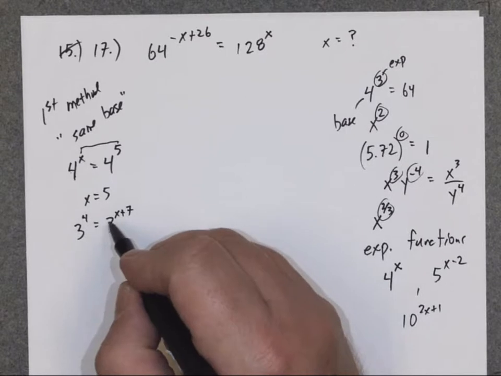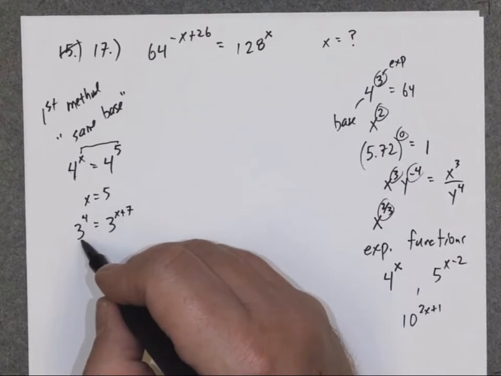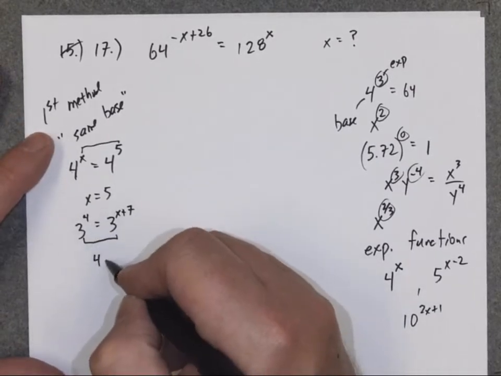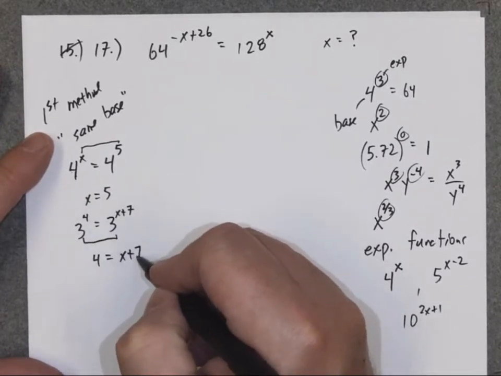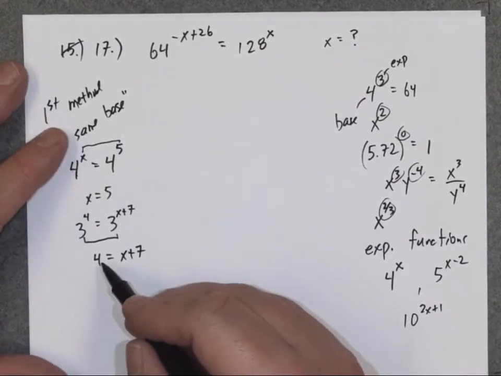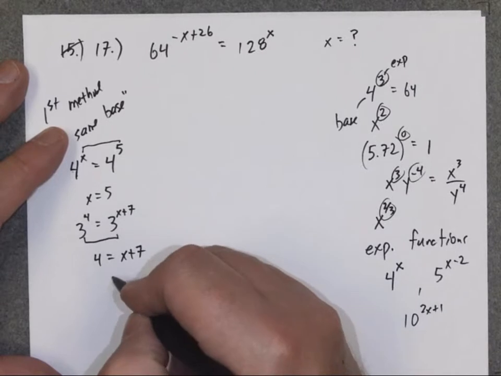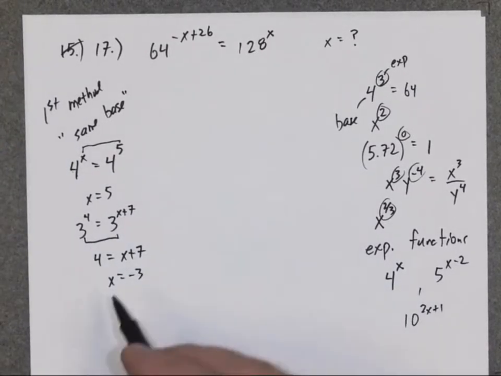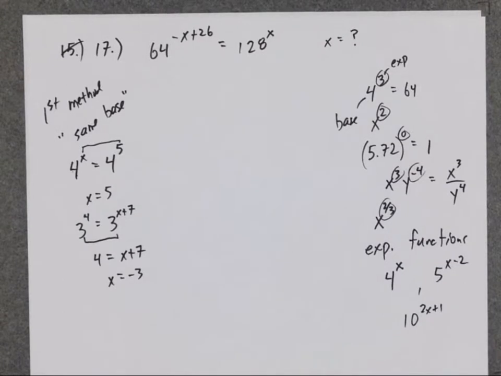I have two exponents equal to each other with the same base. Right away I say, for that to be true, the exponents have to equal each other. So I know 4 equals x plus 7. I can solve for x. In this case, x is minus 3. And I've solved that equation.